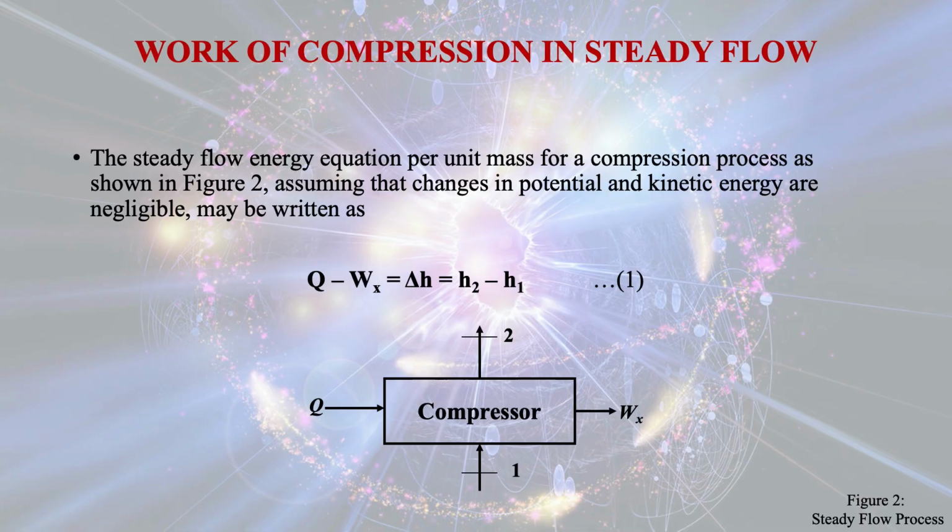Now if you see the block diagram here, Q is the heat input for this compression process, and state 1 is the initial state whose enthalpy is H1, and state 2 is denoted by the point 2 for which the enthalpy is H2, and Wx is the work done.